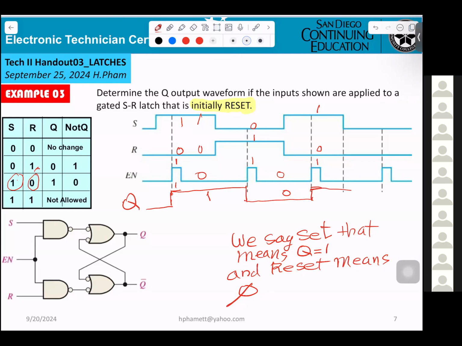The table here is controlled by enable. Enable equal to 1, then you look into the table to find out what gives. If enable equal 0, still there will be no change. That's it.